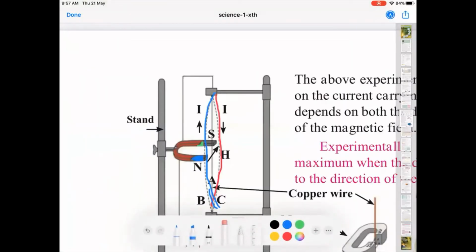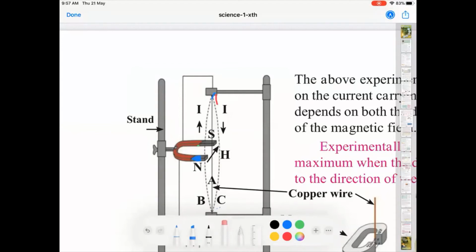Now to understand this point, just logically you can think of one very interesting point. Let me erase this first. If the wire has to come close to the magnetic field of the horseshoe magnet, then there should be attraction, right? And if the wire is going outwards, away, then there has to be repulsion, is it not? So there has to be attraction for the wire to come close, and repulsion for the wire to go away.